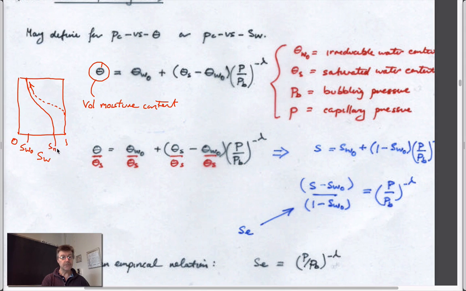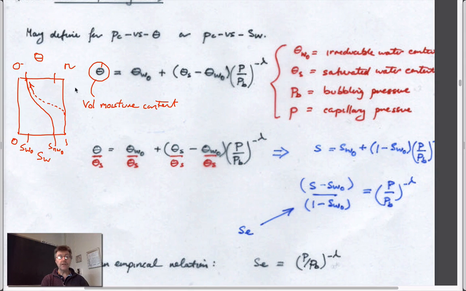This is the irreducible non-wetting saturation. If we look at this in terms of volumetric moisture contents, then we know that this is 0. We know that this is porosity, right, from what we talked about before.